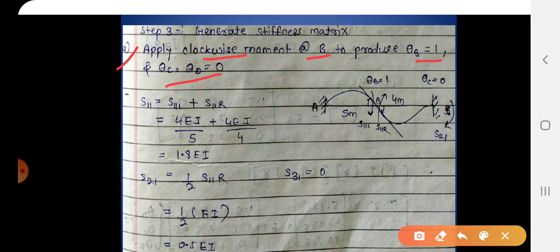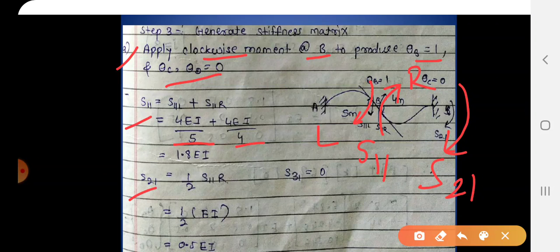So here the moment is clockwise. This will be S11 L and R, and at point C, S21. First you will get S11 equal to S11 L plus S11 R, 4EI by L plus 4EI by L, for span AB and for span BC.